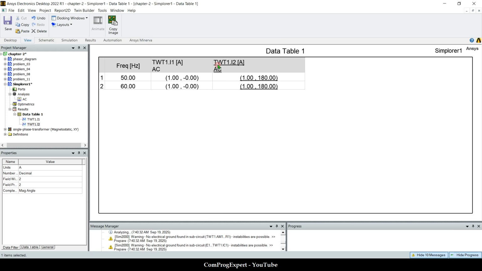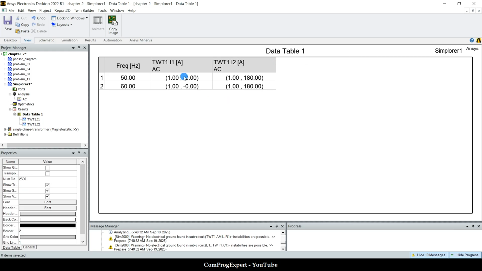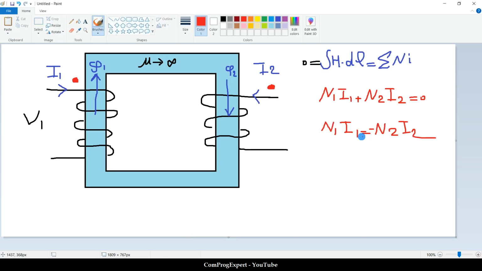As you can see, the phase angle here for I1 is 0, for I2 is 180. I2 is 180 out of phase with I1. Yes, this is the reason.